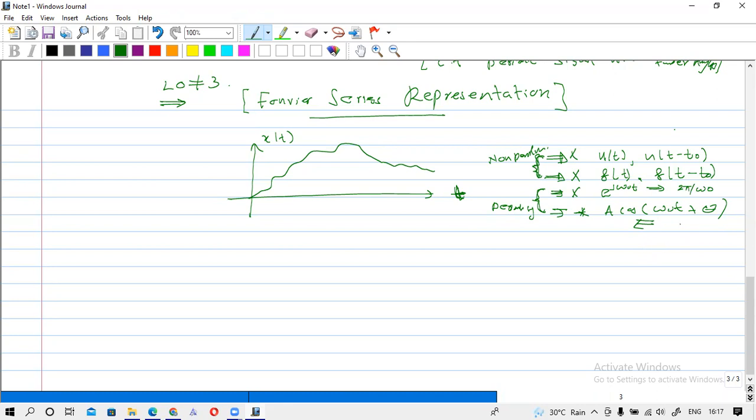Here also the fundamental period is 2 pi by omega naught. So these two are periodic signals: the sinusoidal signal and the complex exponential signal. The unit step signal and unit impulse signal are non-periodic signals.